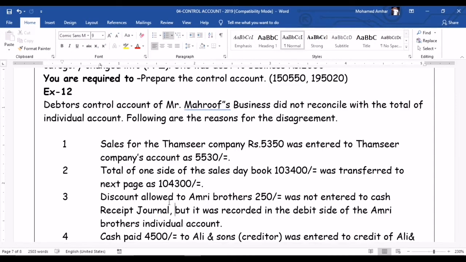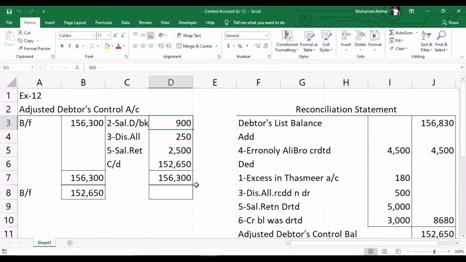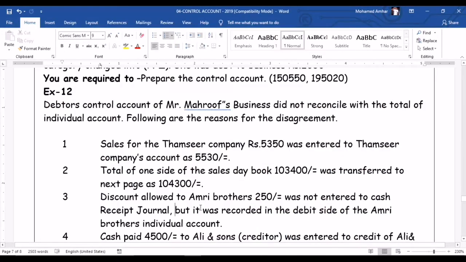You know that the discount allowed total is transferred to the debtors control account credit side. So as the discount allowed column total is 250 less, the debtors control account credit side is also 250 less. So now you have to write the 250 less in the credit side of the debtors control account.